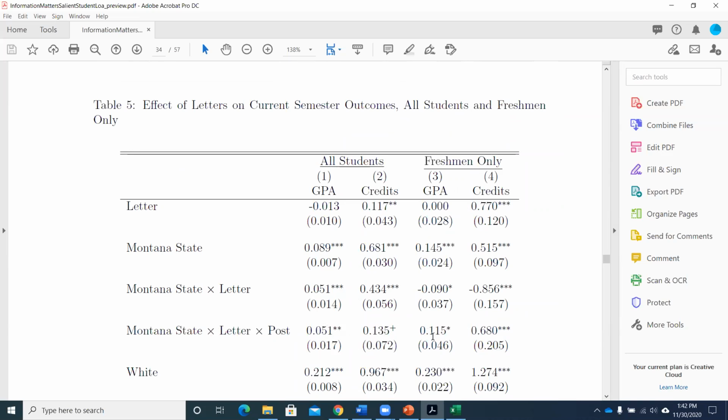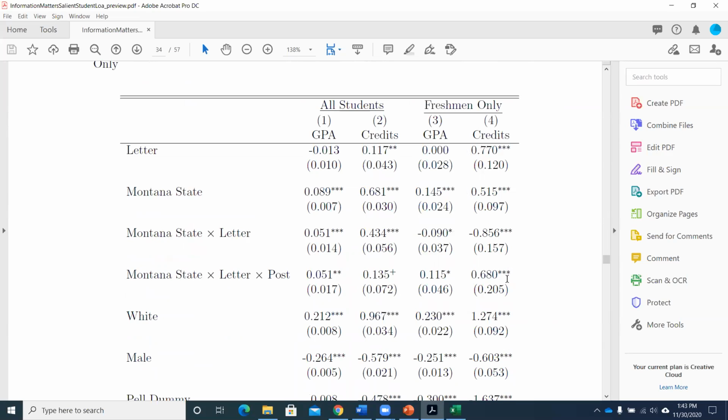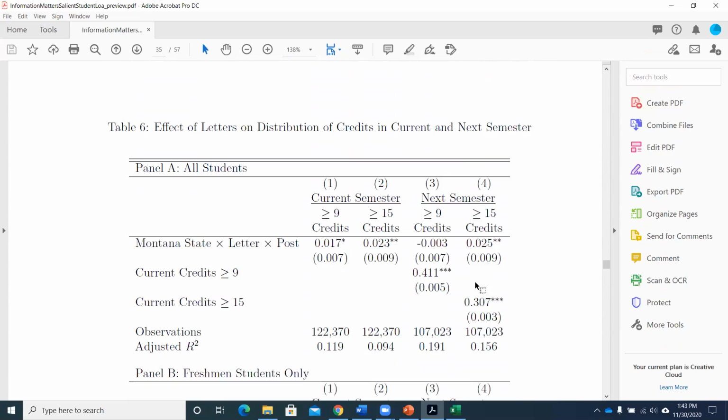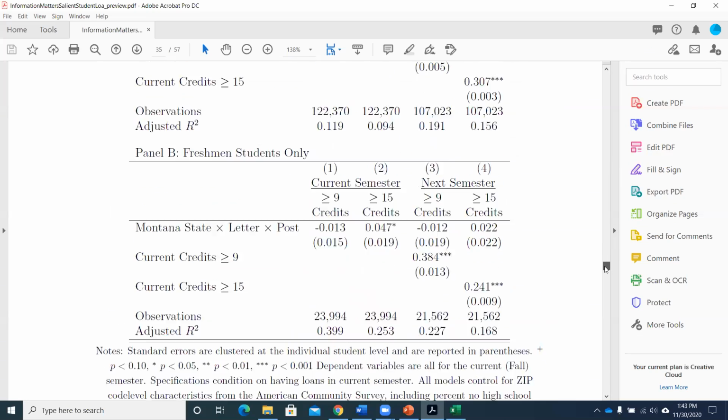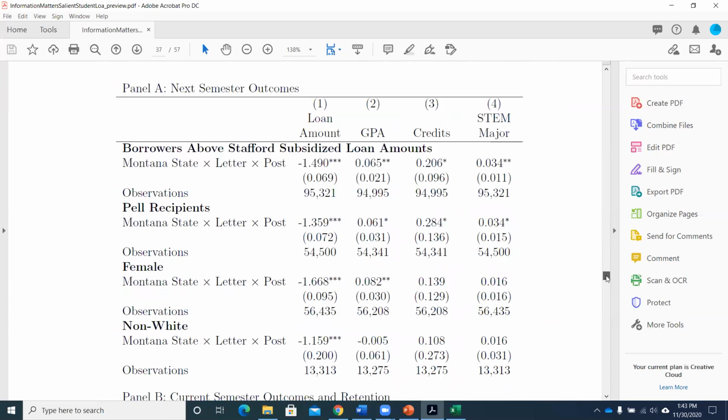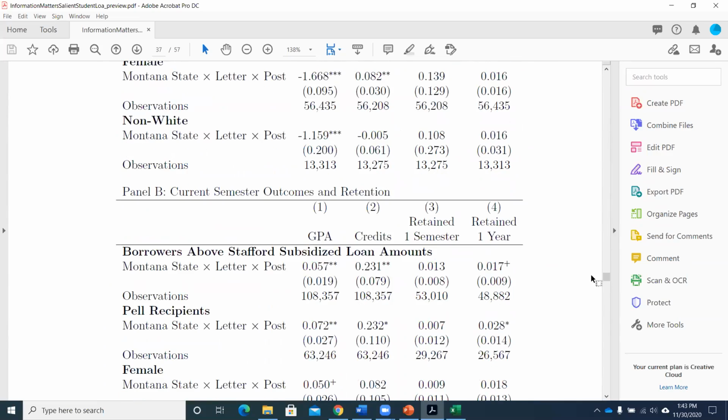Receiving that letter meant that a freshman's GPA, so this would have been, they received a letter their freshman year, their GPA was 0.1 higher, and they took 0.68 more credits. So it looks like maybe it was altering them to take a few more credits, knowing that it wouldn't cost them any additional money. And we can look at some other results that I thought were interesting.